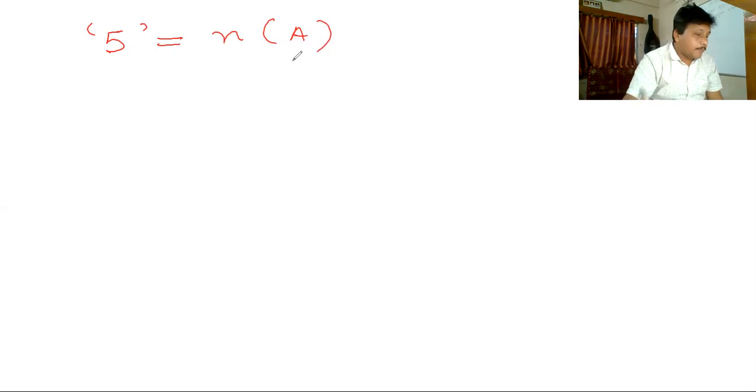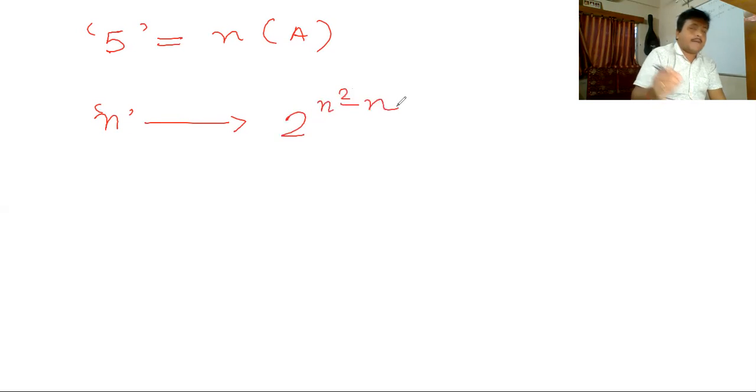What about the number of reflexive relations on this set? You may note that if a set contains n elements, the number of reflexive relations on it is 2 power n square minus n. Got it? What is n? n is the number of elements in the set. Therefore, in this case, if you put n equal to 5, 2 power n square minus n is 25 minus 5, which is 2 power 20.